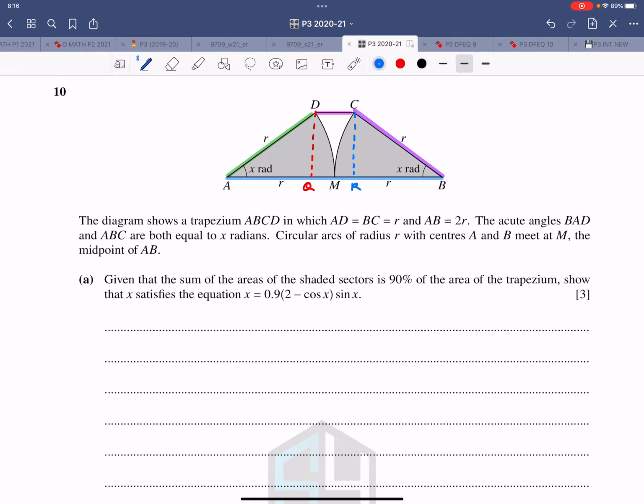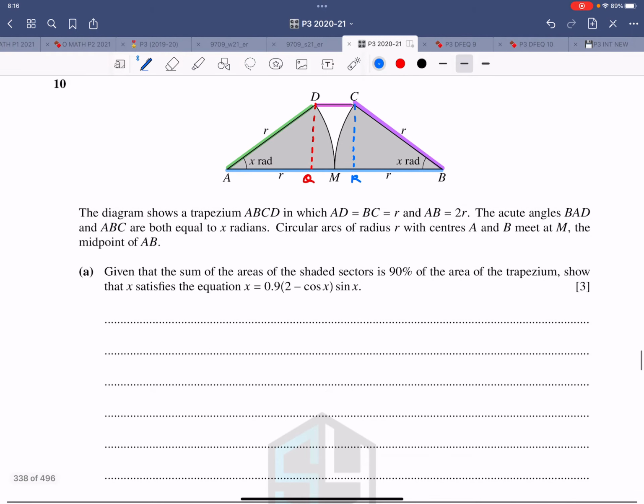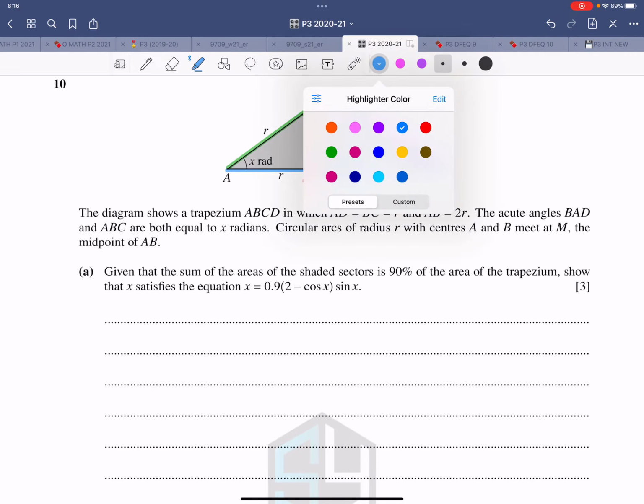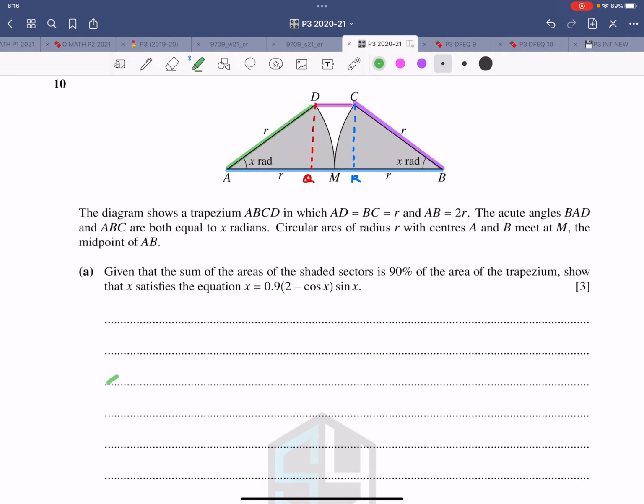Now, what do I need? If I focus on the triangle ADQ, so let me focus on this triangle. So that is this green line like this, and then there is a red dotted line like this, and then there is a bluish line like this.